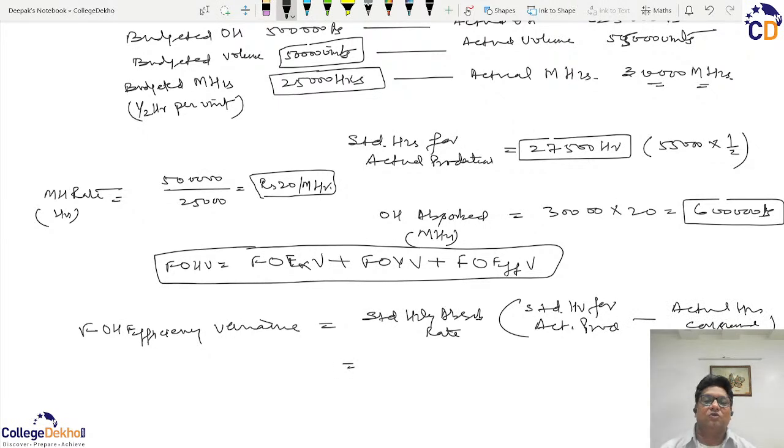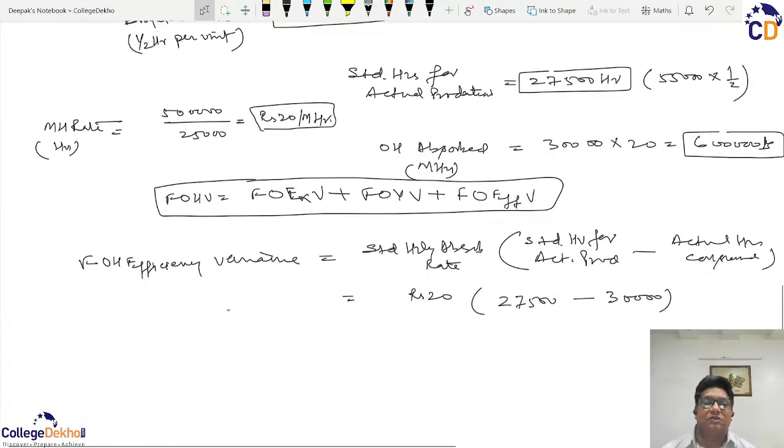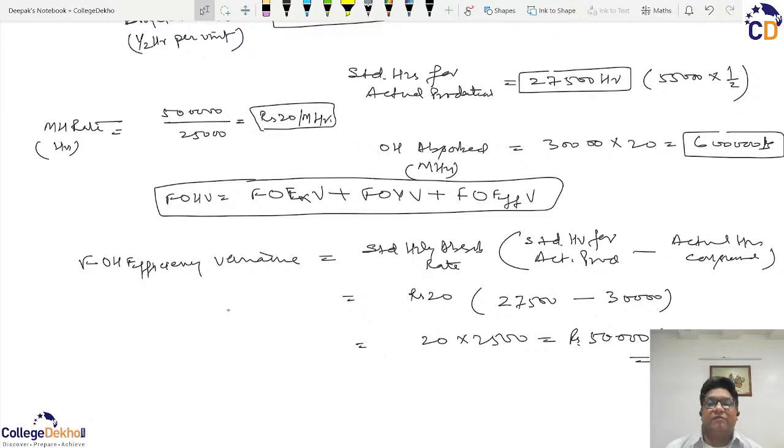So in this case, the anticipation was rupees 20 per machine hour. The hours that should have been there were 27,500, but the hours actually consumed are 30,000, and therefore this 20 into 2,500 will be rupees 50,000, and that will be adverse because the increase in the hours will not be counted in a good scenario, as that denotes inefficiency.